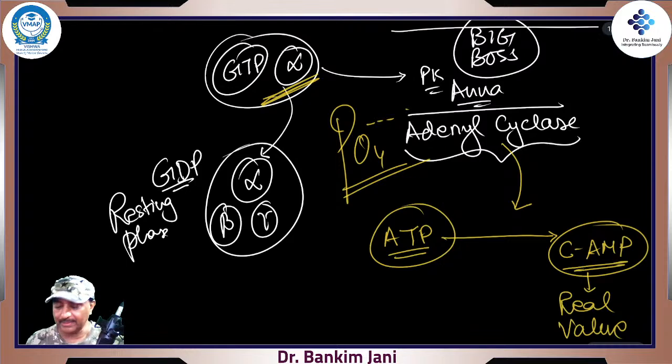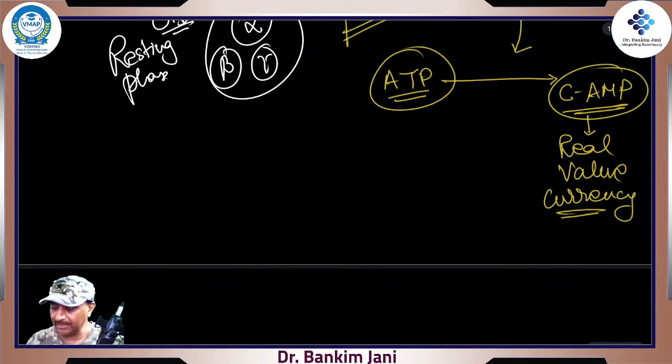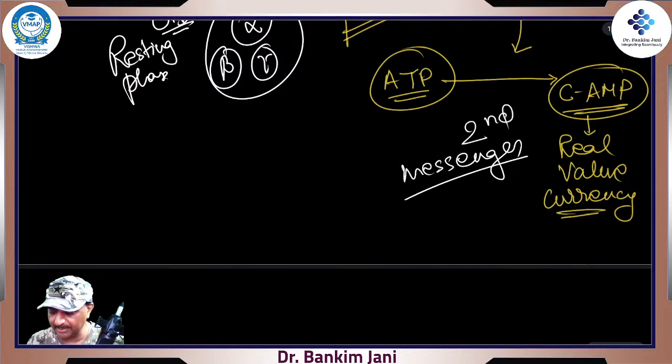It is utilized, it gets activated, and it converts ATP into cyclic AMP. It is this cyclic AMP which is now called the second messenger. It is this second messenger which has a tremendous range to work at various levels.